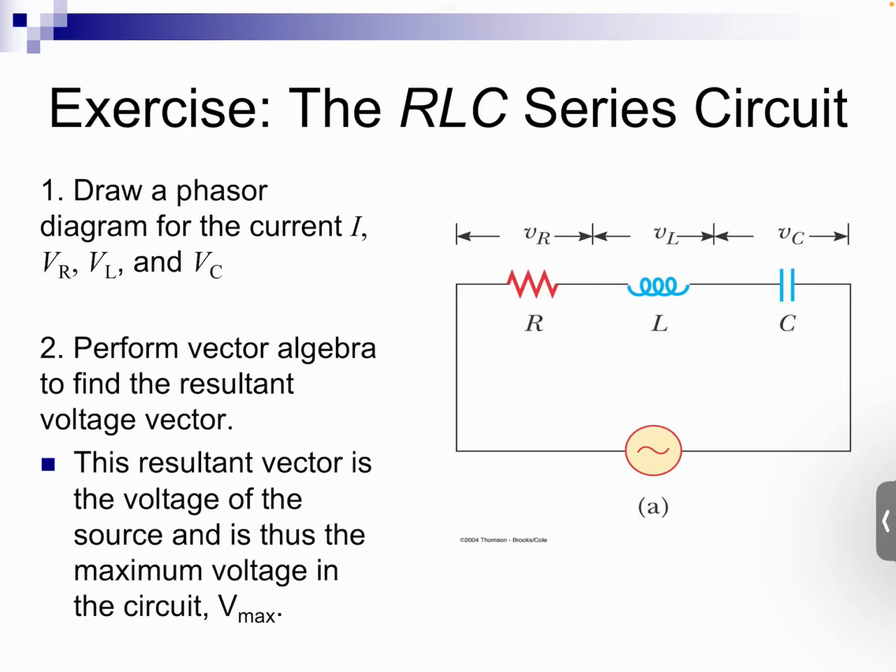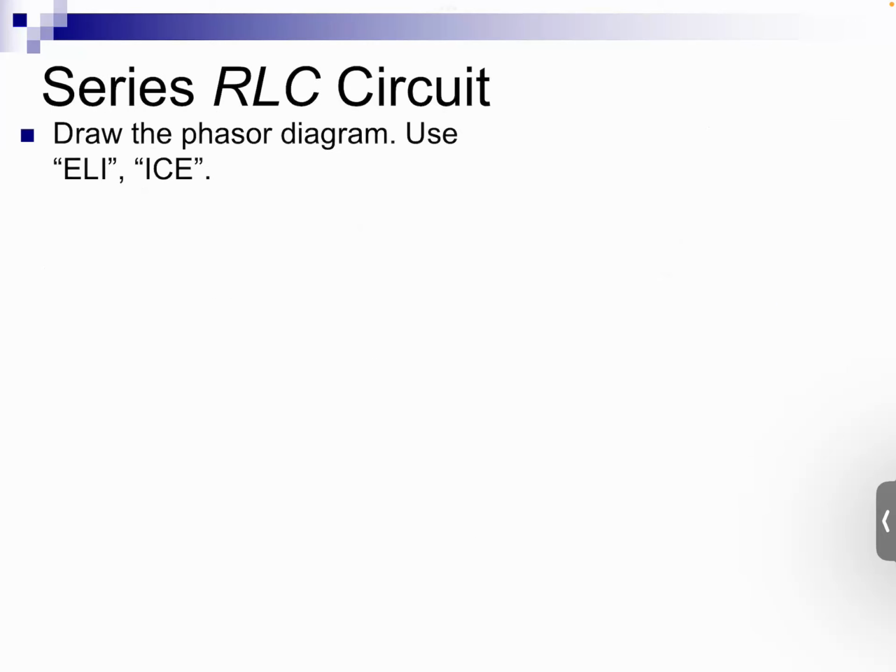The first step is to draw a phasor diagram so that we can visualize what's happening to the currents and the voltages in the circuit. So let's draw the phasor diagram. You have an inductor, a capacitor, and a resistor in your circuit.